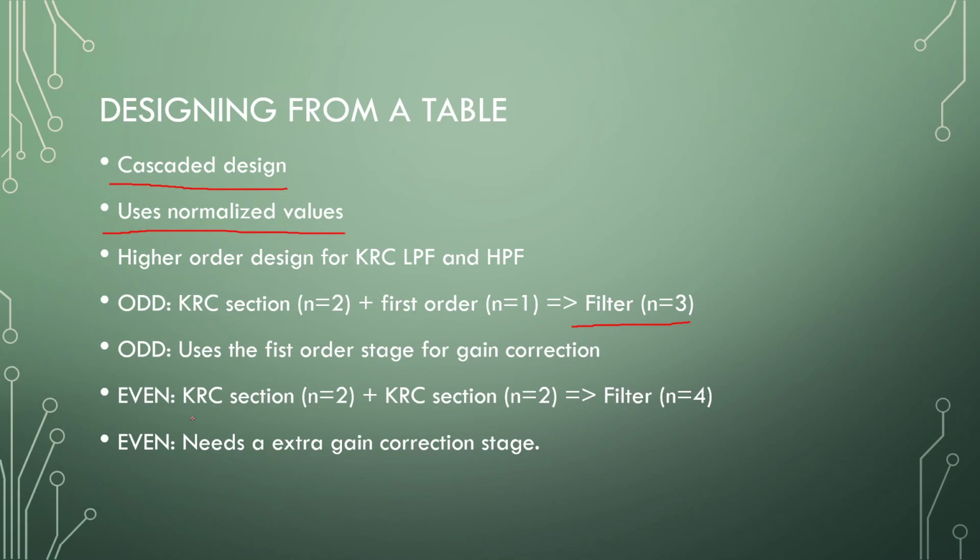For an even KRC filter, n is 2, n is 2 is a filter of order 4, and you must add an extra gain correction stage if needed. Right, there are unity gain designs available, but typically for components and whatnot, the equal component approach is very typical. But we will get to those in the videos for the low pass and high pass.